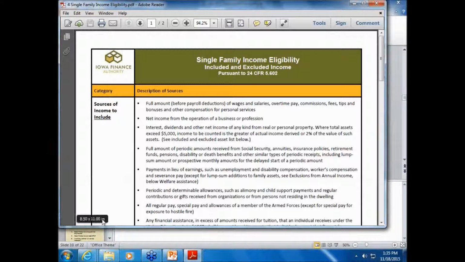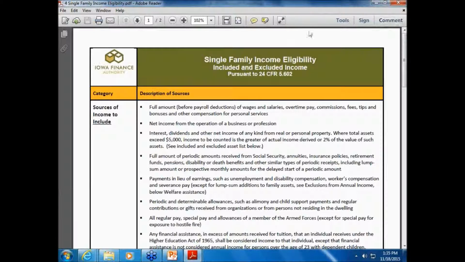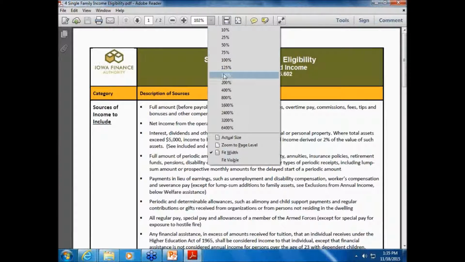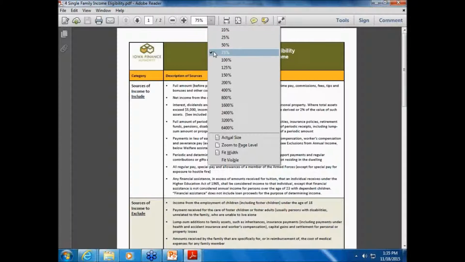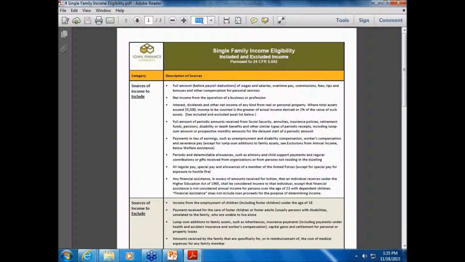We do find periodically that a lot of these sources that we're supposed to be counting in projecting income are not necessarily showing up on the 1003, and we don't have a separate application. So we may catch wind of it on a tax return or on some other document in the file that comes into us, and then we're asking about that. And so this is meant to be a complete list of the different included and excluded sources.